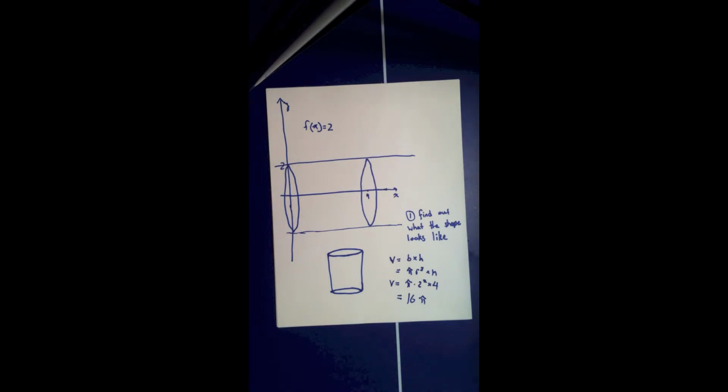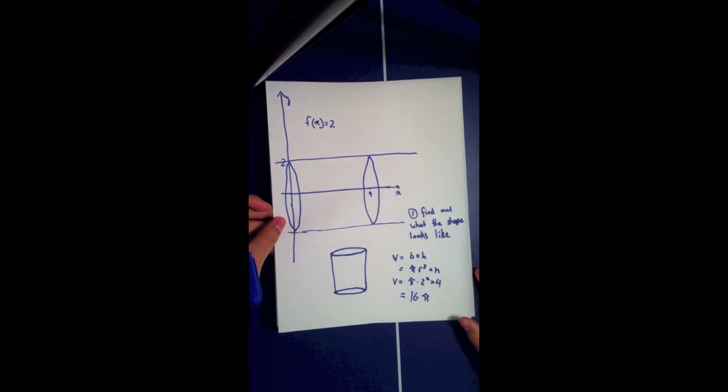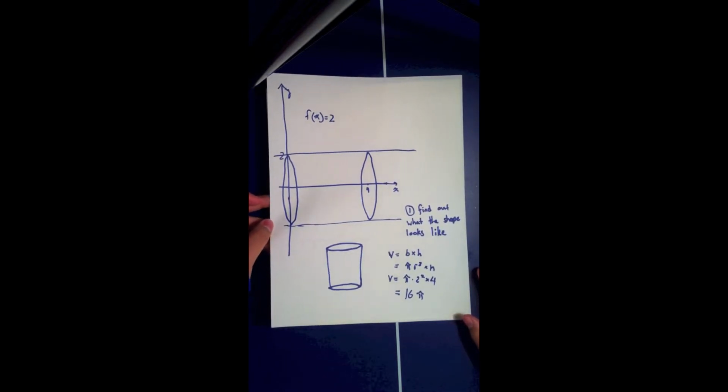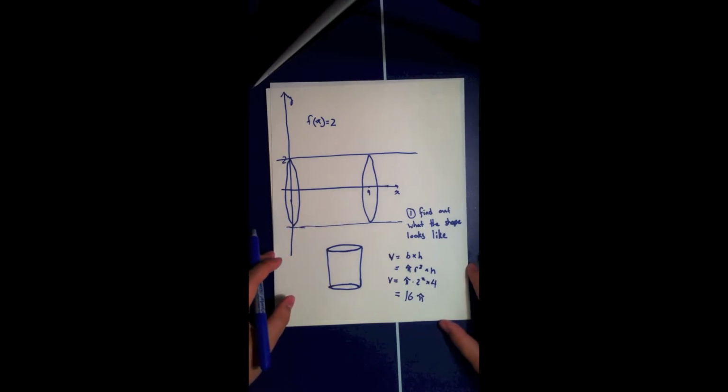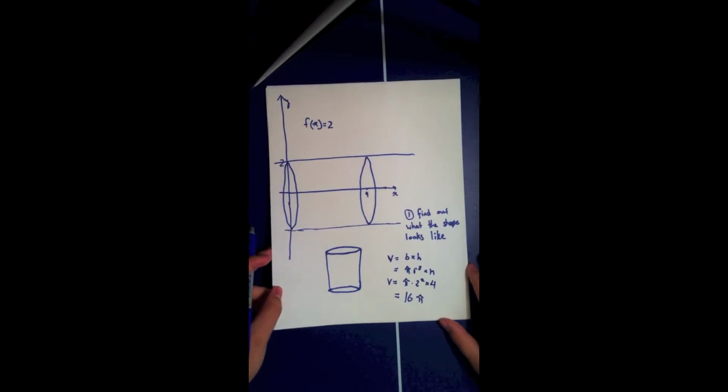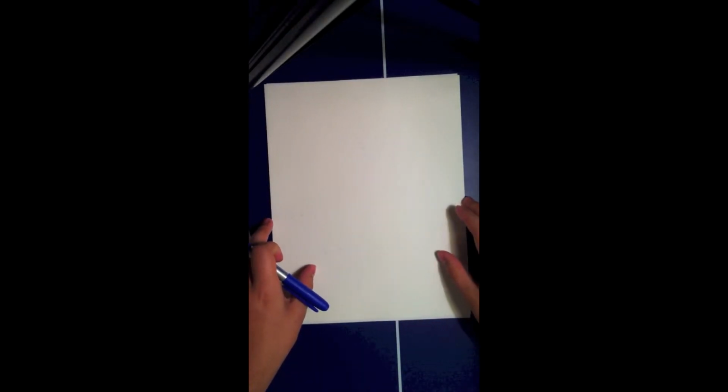We want to use the integral to find out what the shape looks like. And so the way we do this is we know here that the limits of what we're interested in are 0 and 4. So let's switch to a new page here. When we're writing an integral expression for finding volumes, we're interested in the space between 0 and 4.